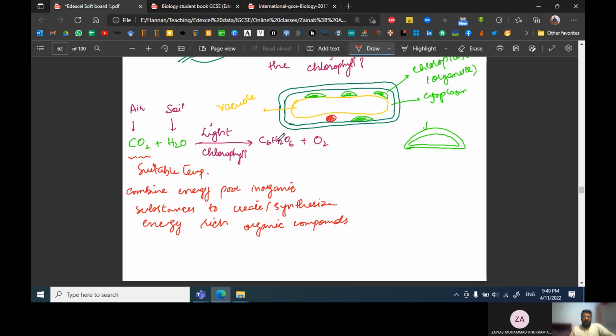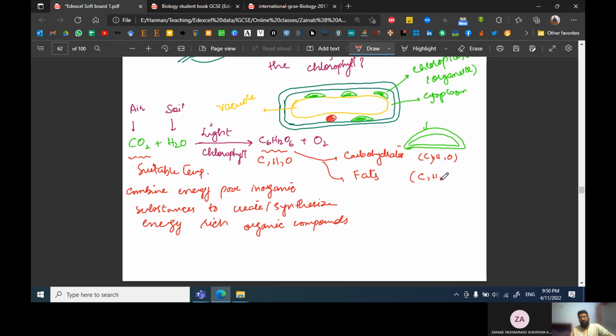Focus on the point that in this process, the organic compound that has been made is composed of three basic elements, C, H and O. Now, this compound would be used to create further carbohydrates and fats, because the basic elements in carbohydrates and fats are common, CHO.